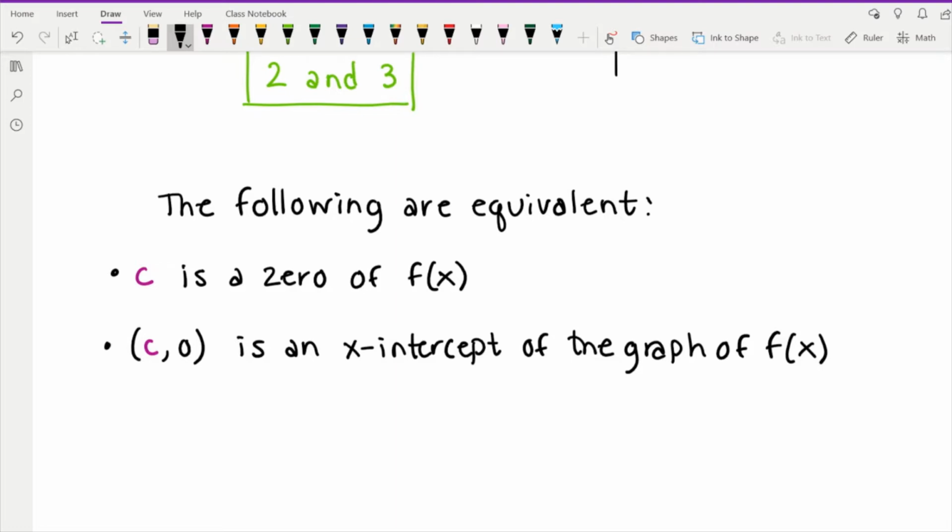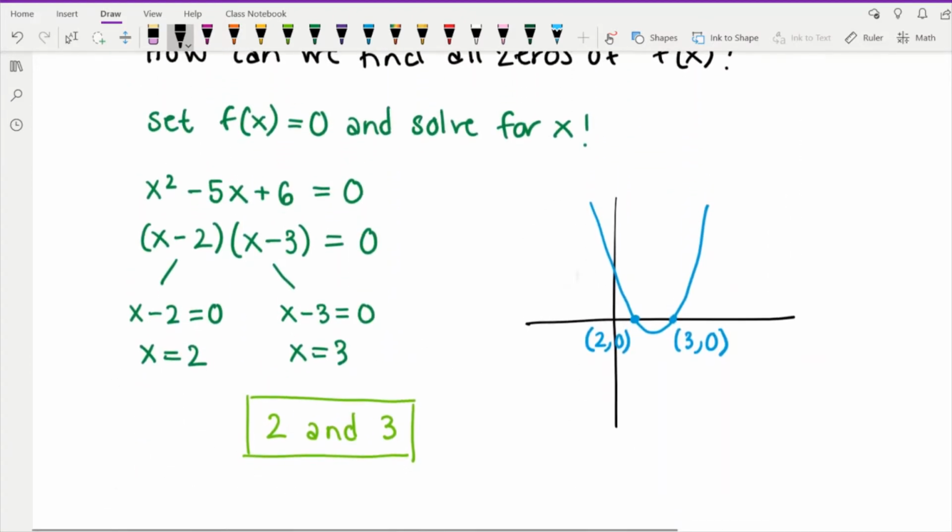This third fact is a little bit different from these other 2, but it's also equivalent. Notice that we said that the 2 zeros of this function, x squared minus 5x plus 6, were 2 and 3. Going back to this factoring step where we found those 2 points, notice that we had a factor of x minus 2 and a factor of x minus 3.